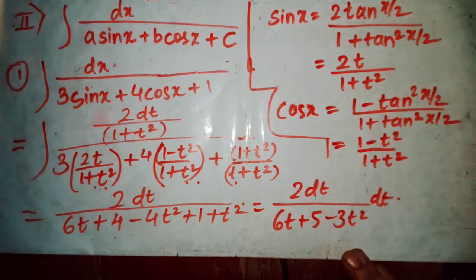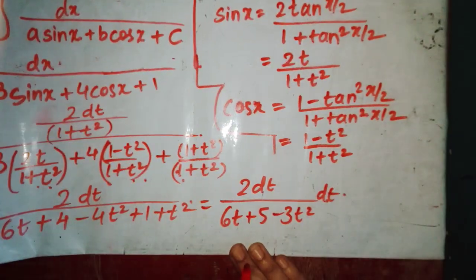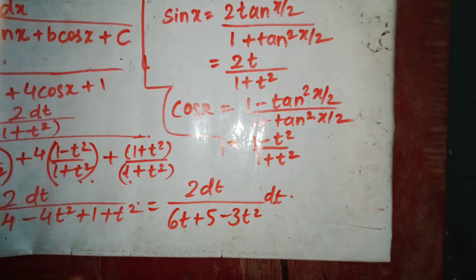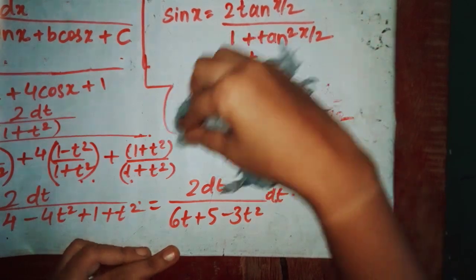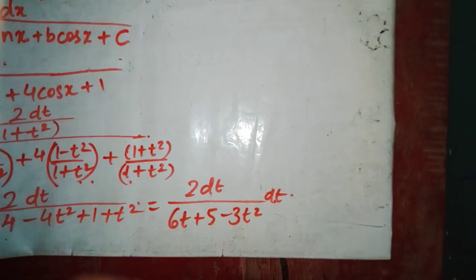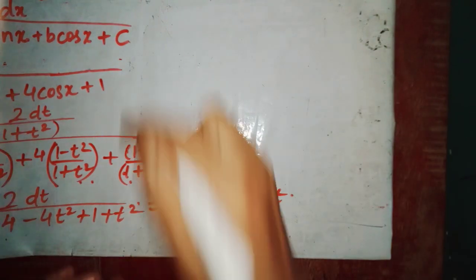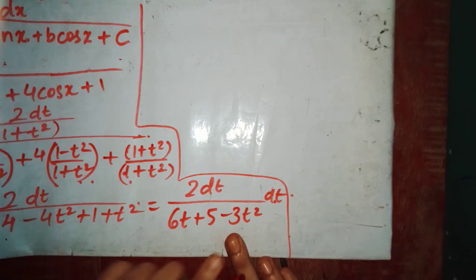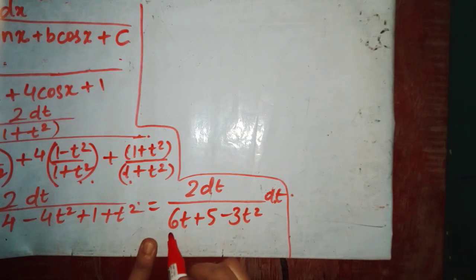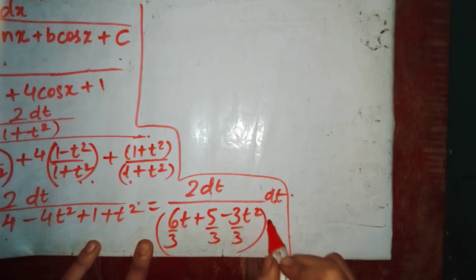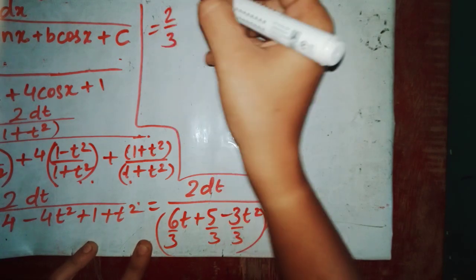Now this is your quadratic equation, right? So you have to solve it. We have seen how to solve integrals which have a quadratic in the denominator. So first this 3 should go, so I will divide by 3 and multiply by 3. So this 2 by 3 will come outside.